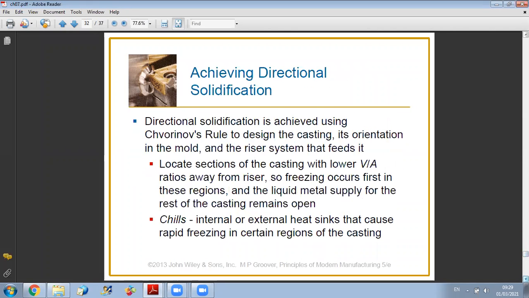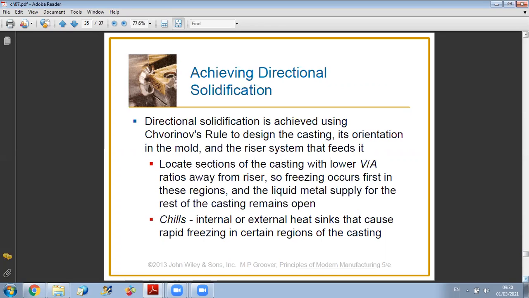So directional solidification is achieved using Chvorinov's rule to design the casting, its orientation in the mold, and the riser system that can feed it in order to reach all regions. So we should locate sections of the casting with lower V over A ratios away from the riser. Freezing occurs first in these regions, and the liquid metal supply for the rest of the casting remains open.